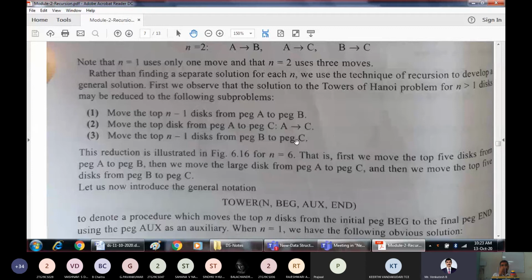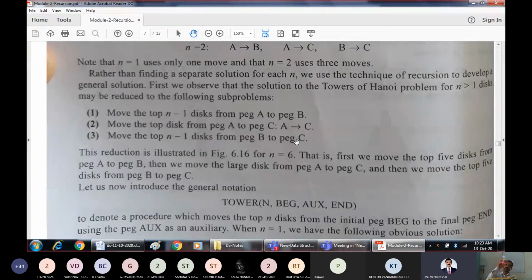This is the initialization and we have to go on recursively dividing it. I'll show it once again. How can we move the disk from A to C? First, take the top n minus 1 disks and move them to temporary or auxiliary. Then take the disk from A and move it to destination C. Then take the n minus 1 disks from B and move them to C.